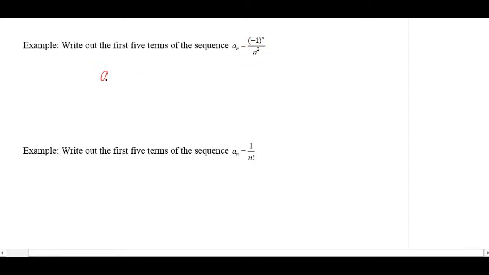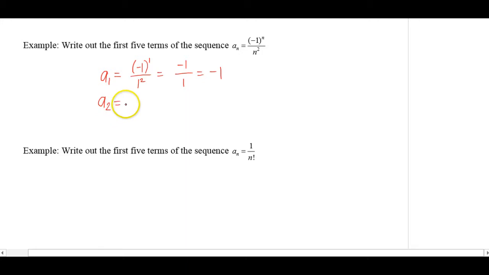So let's go ahead and start with a sub 1. We're going to take the 1 and substitute it into every n. So the numerator is negative 1 to the 1 over 1 squared. Negative 1 to the 1 is negative 1, over 1 squared is 1. So a sub 1 is just negative 1.